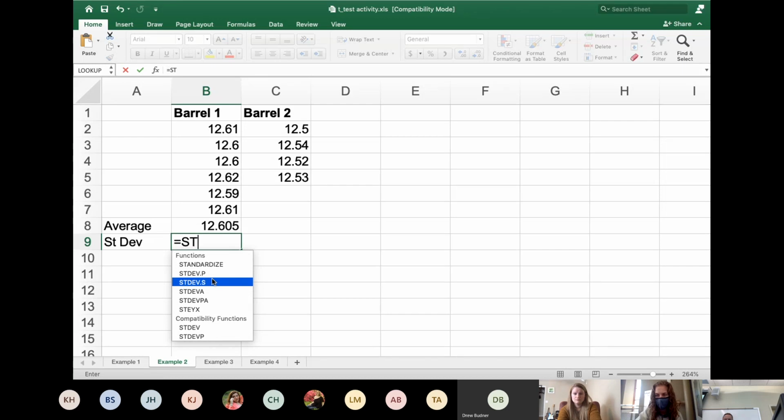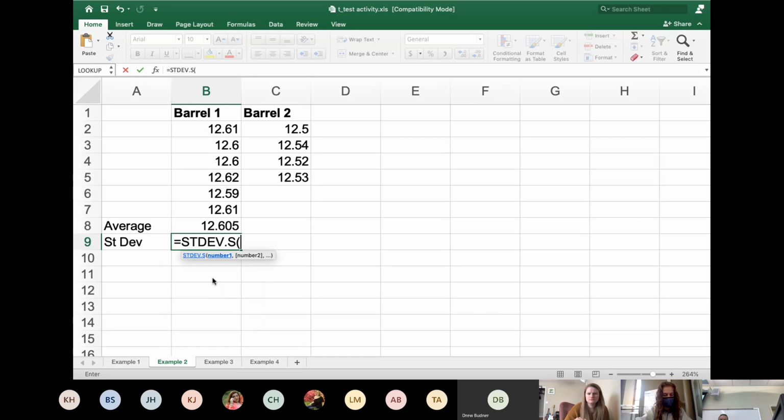So one of them we're going to approximate to all the samples in the universe, the entire population of wine barrels. The other, we're just talking about the sample. Because of the limited sampling that we are going to be doing in this class, we are always going to use the S version. We are not going to try to extrapolate out to the entire population of anything.